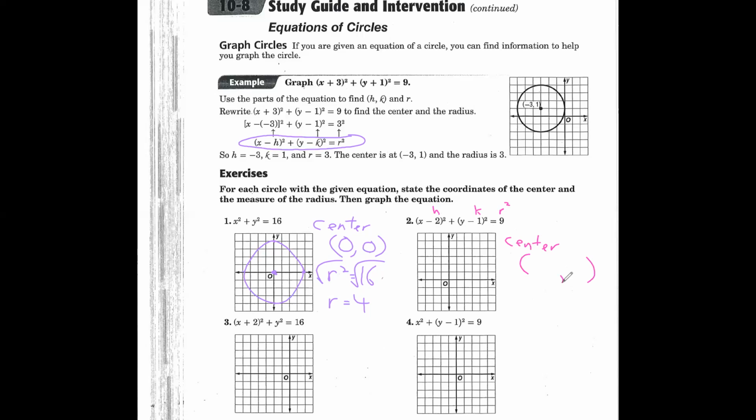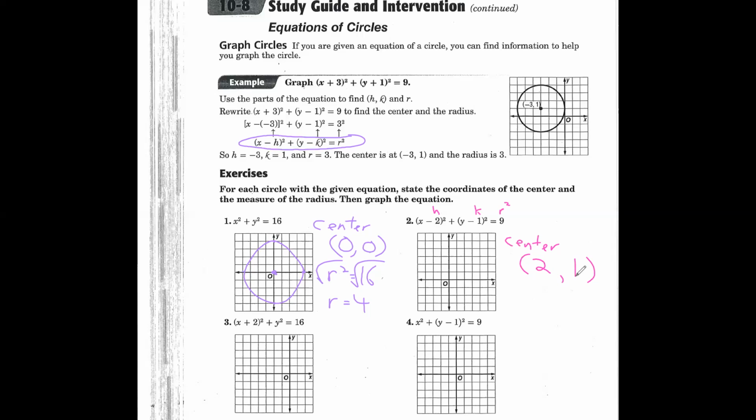What's my center point going to be on this one? No, not 2, 0. It's just going to be 2, 1, not negatives, because when I pull them out, the signs change.